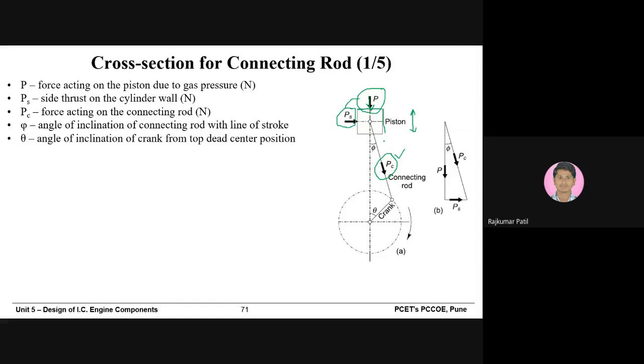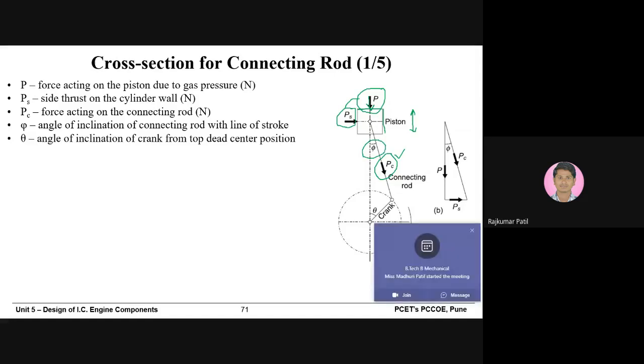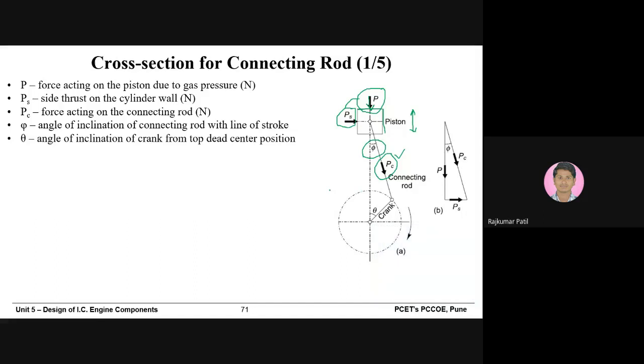And at a given position, the connecting rod makes an angle phi, that is the angle of inclination of connecting rod with the line of stroke. And continuously this angle changes. So over the period of time, this force PC will not remain the same, it changes.